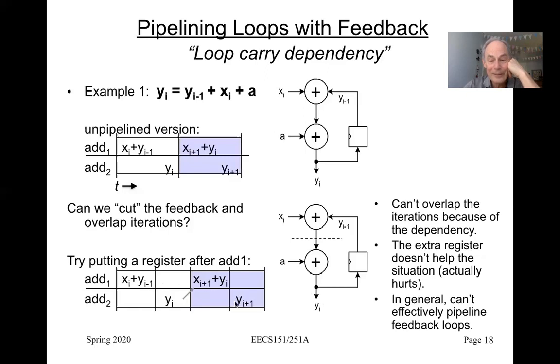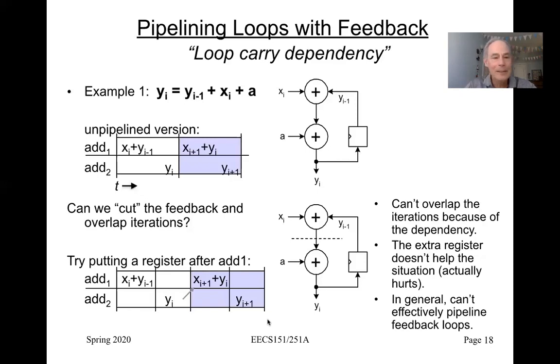So we can't really overlap the iterations because of this dependency, right? The extra register doesn't help in this situation. It actually hurts because it kind of spreads this out. It's going to increase the latency of this. So this is the general problem. We can't effectively pipeline feedback loops. Right? This is very much like the data hazard problem that we had in the CPU, right?